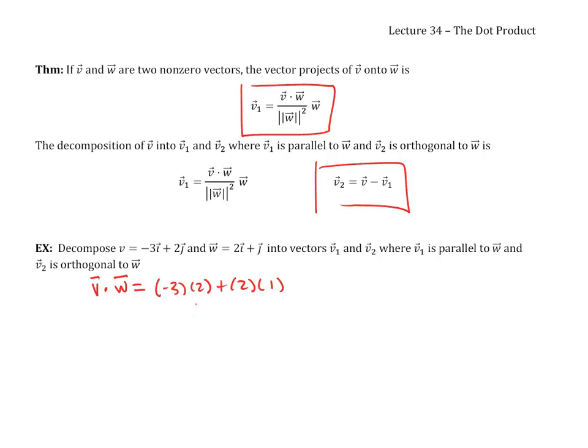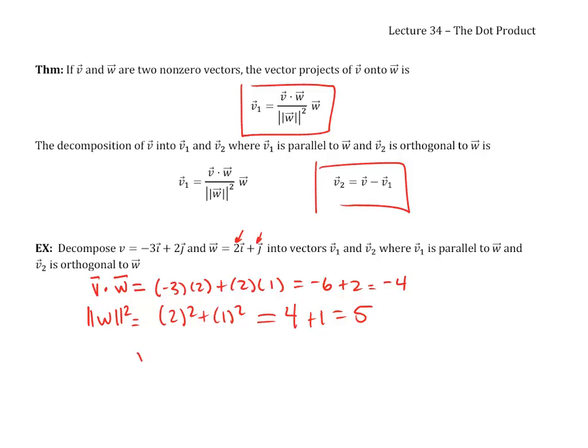Multiply the x components, the y components, and add them up. That's negative 6 plus 2, or negative 4. We need to know the magnitude of w squared. That's simply 2 squared plus 1 squared. That's the x value of w squared and the y value of w squared, which is going to be 4 plus 1, or a 5.